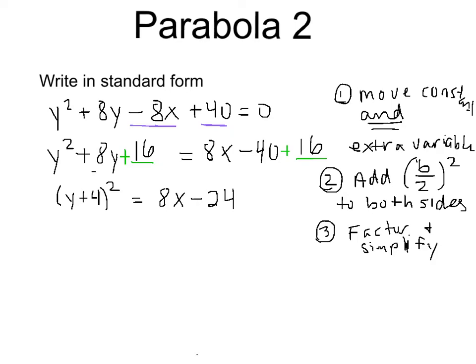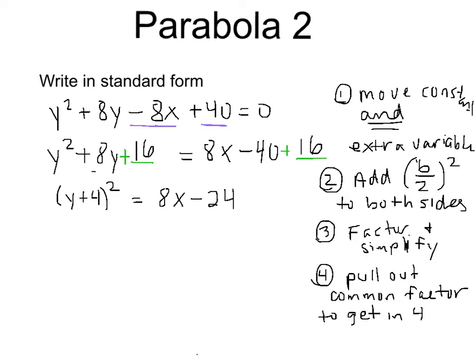The last thing you want to do is we need to get this into 4p form. Here we have my y minus k squared, but the right-hand side is not set up into 4p times x minus h form. So in order to do that, we're going to pull out common factor to get it in 4p form.